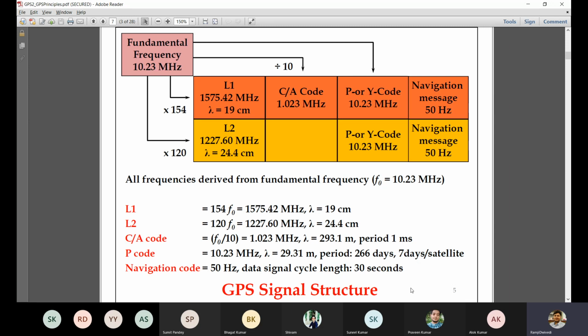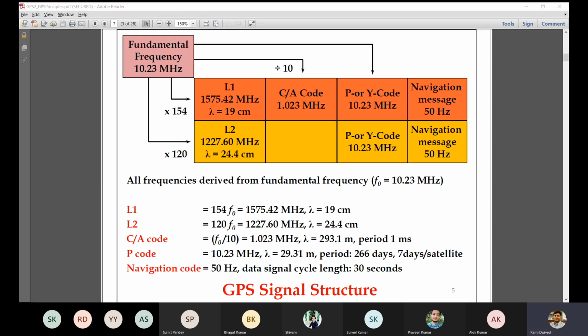Just think of the electromagnetic spectrum as a wave, that you have a right-handed circularly polarized carrier wave, which is split into two parts. Why is it split into two parts?